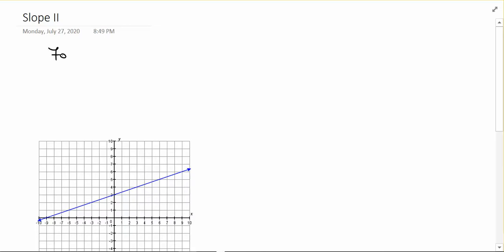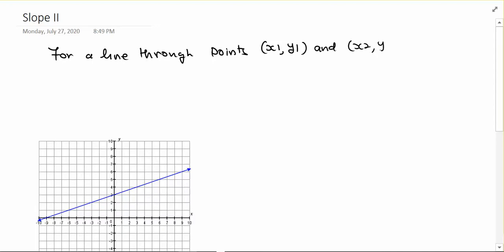For a line through points x1, y1 and x2, y2, m is the symbol for the slope.